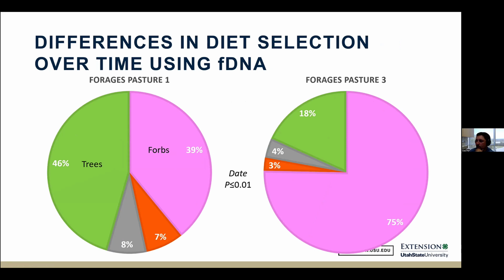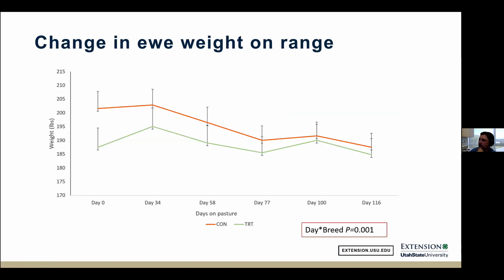But in looking at all the production data of these animals, we looked at the weight across the season, and some of these ewes had lambs on them as they were out on the mountain, and so they were lactating. Remember, we talked about those high energy needs, high protein needs during lactation.